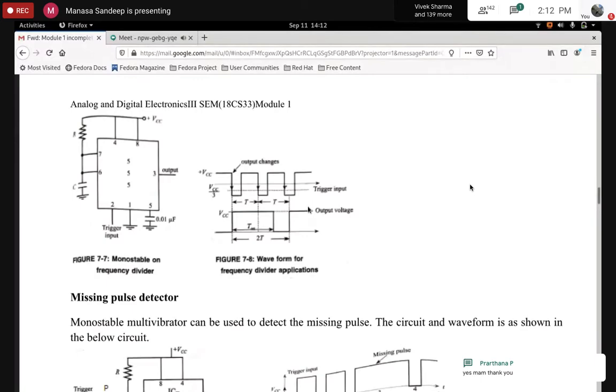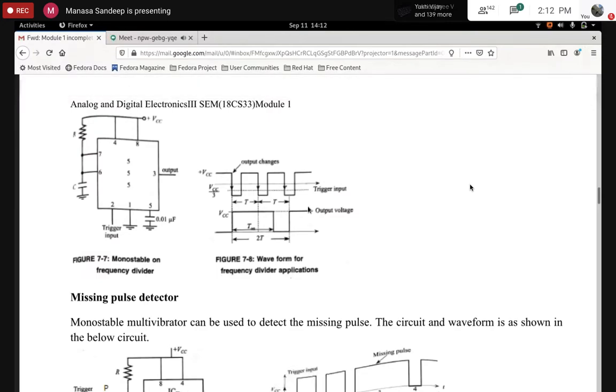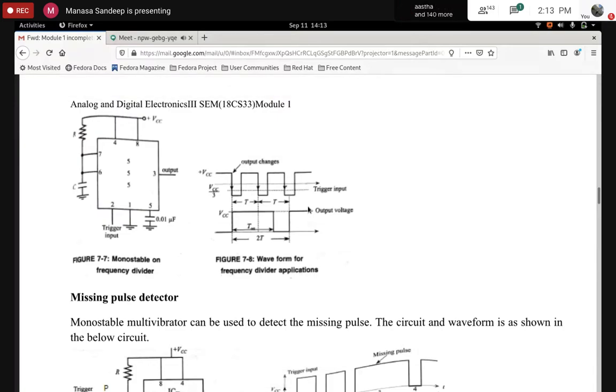Here you can see how exactly this monostable multivibrator works as a frequency divider. This is the input trigger that has been applied, correct? We have understood in the previous class the working of this one. The output of this monostable multivibrator goes high with the occurrence of this first negative going trigger.